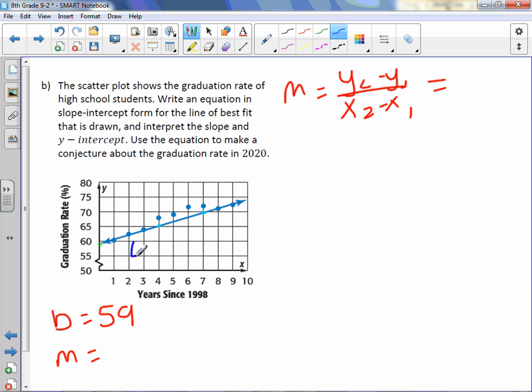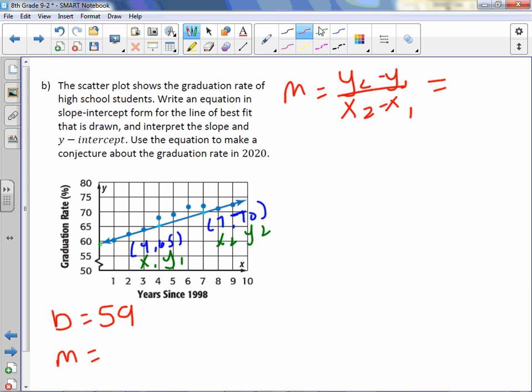So our points again, we have 4,65 and we have 7,70. Label x1, y1, x2, y2.